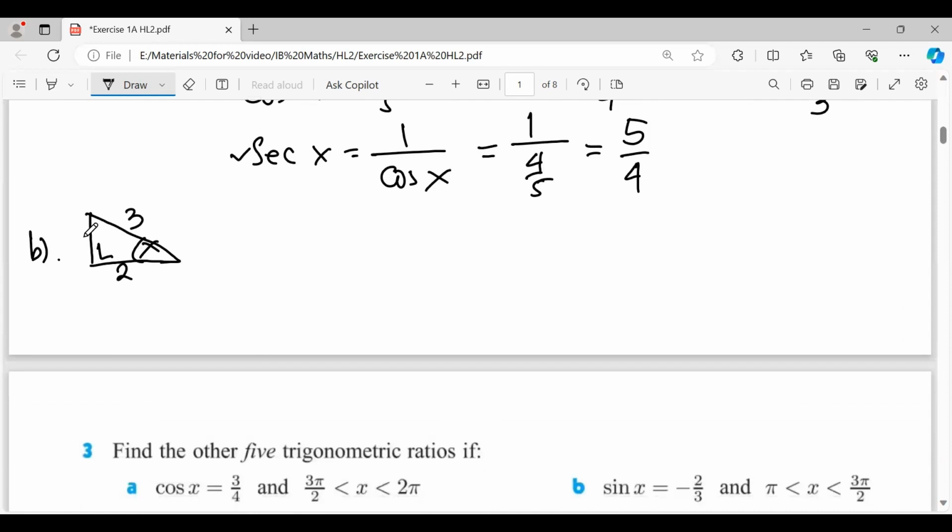Now we're going to find this side. 3 squared minus 2 squared, 9 minus 4, 5. So it is root of 5. So cosine x is 2/3.